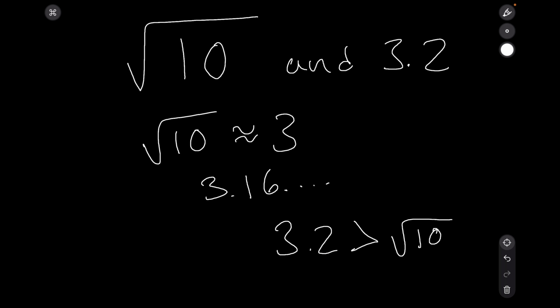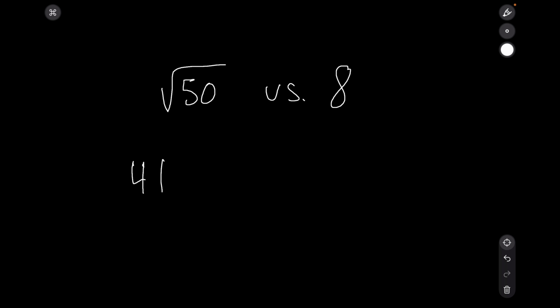Let's also use nearby perfect squares to compare these numbers. Let's compare the square root of 50 and 8. What perfect squares are near 50? 49 and 64. 50 is in between there.